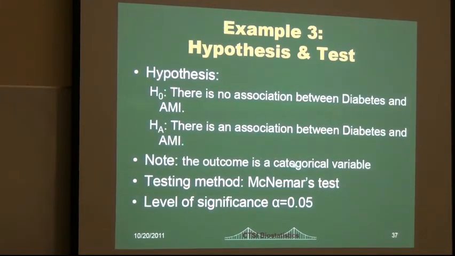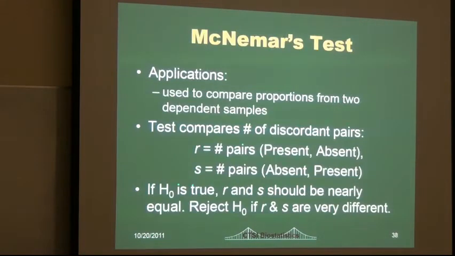Here the outcome is categorical, and we use the McNemar test to test for the association. The level of significance is 0.05. The McNemar test is used to compare proportions from two dependent samples, and what it compares is the pairs of discordants.